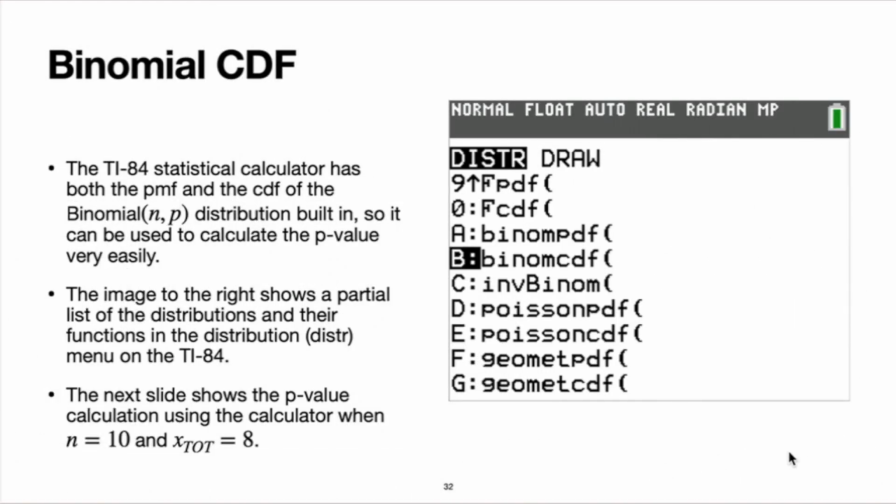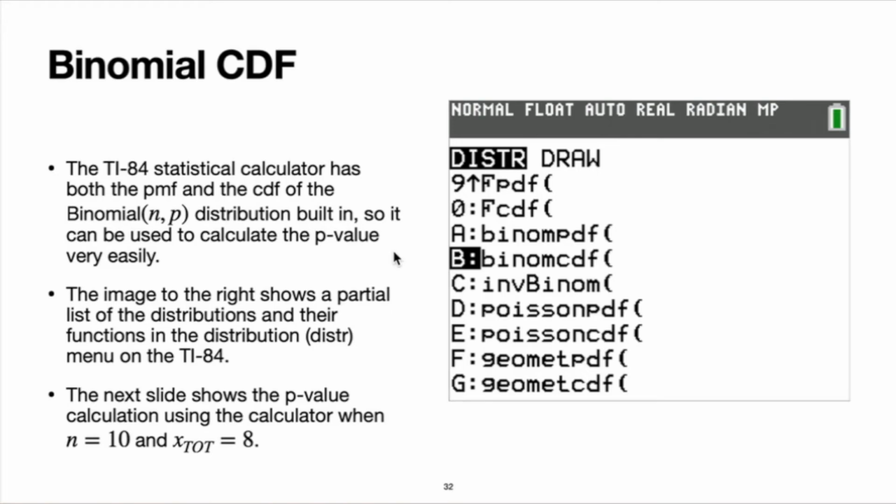Now why do I bring that up? Well, it's because the TI-84 calculator has both the PMF and the CDF of the binomial distribution built in. So we can use that to calculate p-values very, very easily. If you have a TI-84 calculator, this is where you would find it. If you've got some other calculator that has these distributions, you'll have to see where they are.